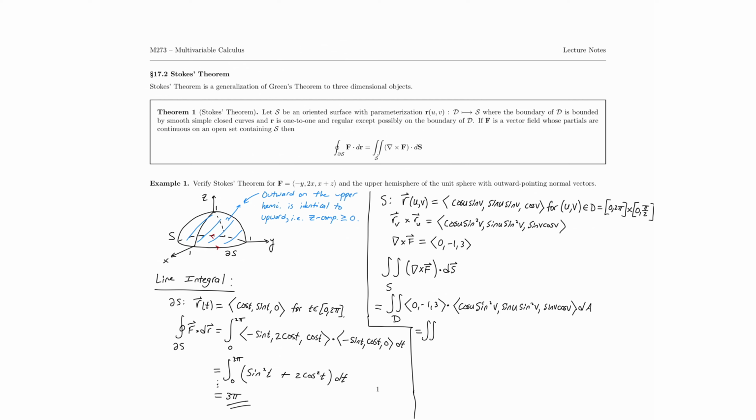So the double integral over D, this would be negative sine u sine squared v, plus 3 sine v cosine v, dA.